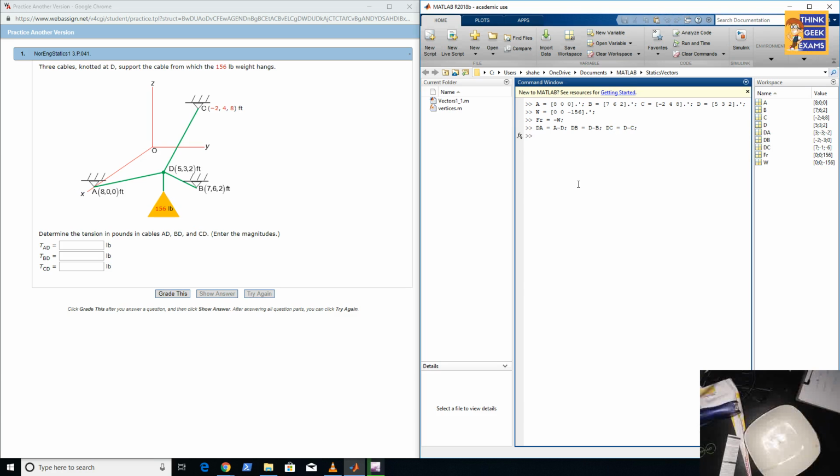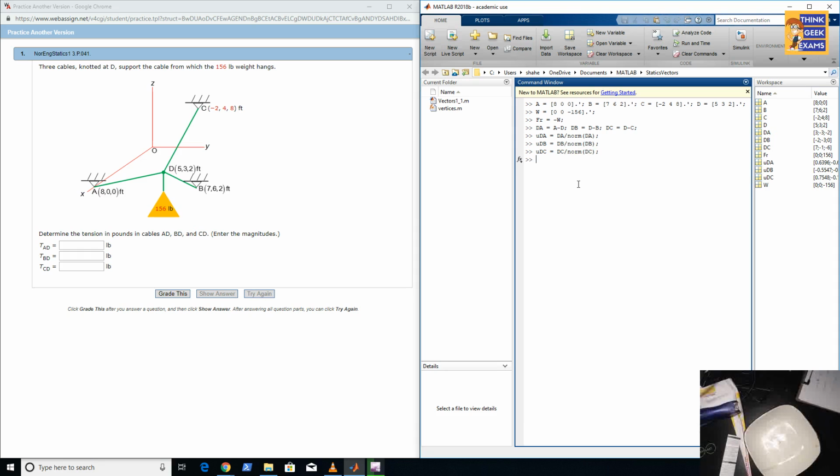And the unit directions for these are UDA is dA divided by norm dA, and dB is the same. dB is dB divided by norm dB, and dC is the same, dC divided by norm dC.